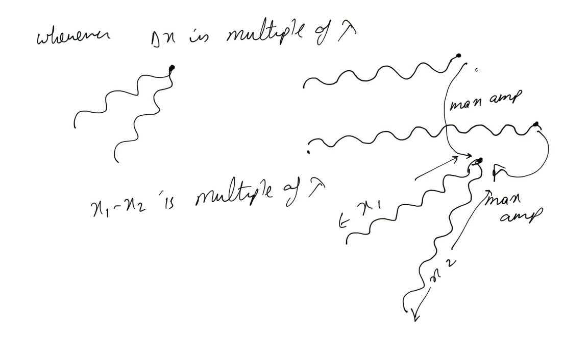So both the waves will have a maximum when this is satisfied, and whenever both the waves have maximum, they simply add up to produce a bigger maximum.